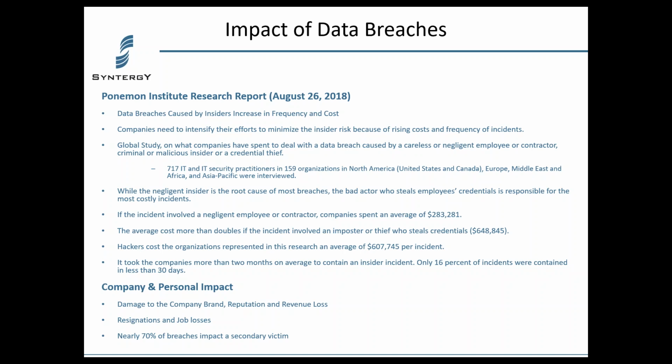And hackers cost the organizations represented in this research an average of $600,000 per incident. So the Ponemon Institute concluded that companies need to intensify their efforts to minimize the insider risk because of the rising costs and frequency of incidents.